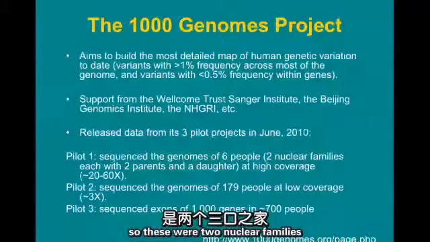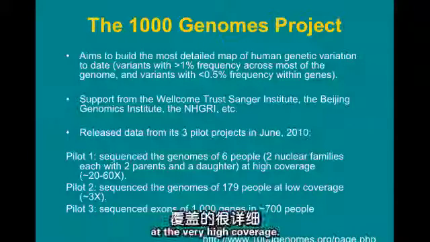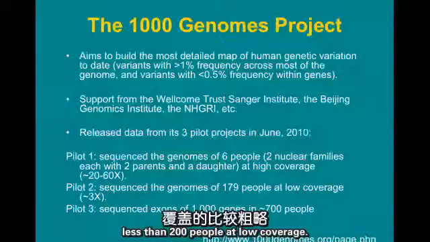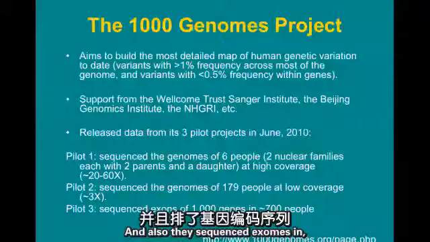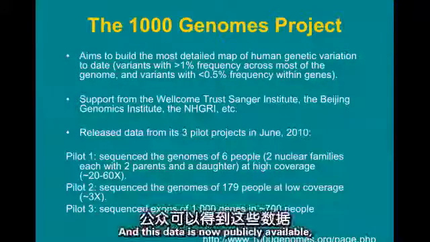So these were 2 nuclear families, each with 2 parents and a daughter at a very high coverage. And then they sequenced the genomes of a little bit less than 200 people at low coverage, and also they sequenced exons of 1,000 genes in 700 people.